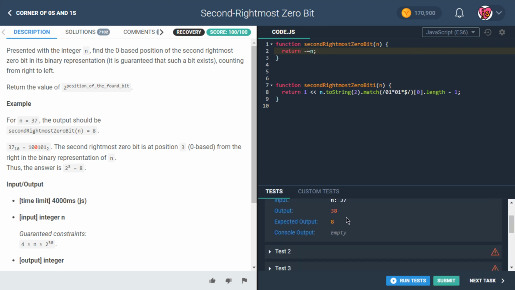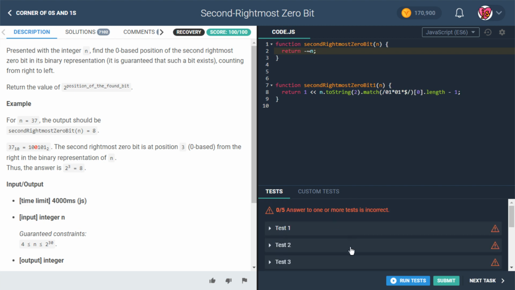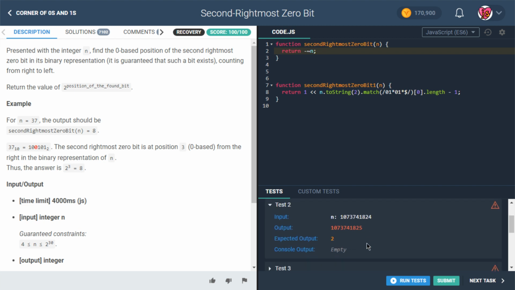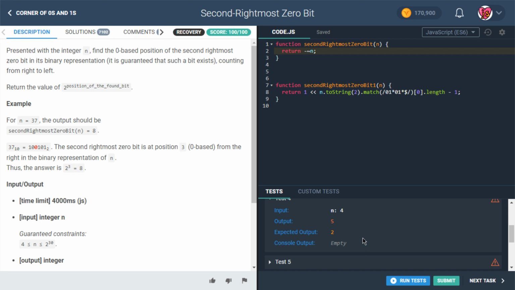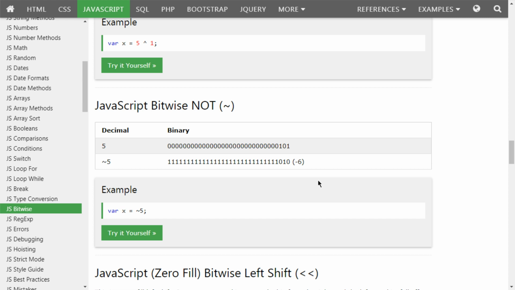Look at that, 38, that's 37 plus 1. Here the 4 turned into a 5, so it's plus 1. Here, plus 1 again. I think probably it's convincing that these are all going to be plus 1, hopefully. Anyway, point is, that's something we can learn about not and how it all works. So that's kind of neat. It's interesting stuff.